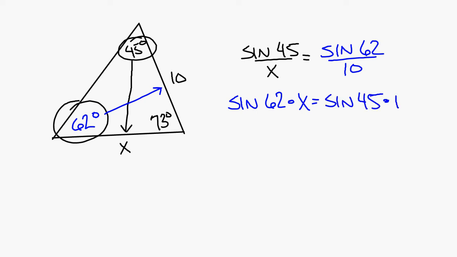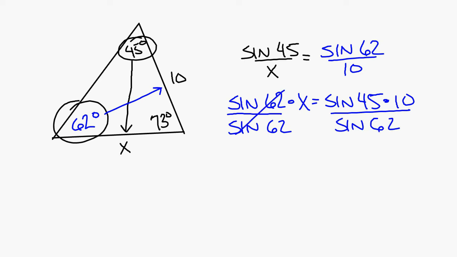If you divide both sides by sine 62, your sine 62s will cancel. And sine 45 times 10, and then divided by sine 62 equals 8.008, so we're going with 8.